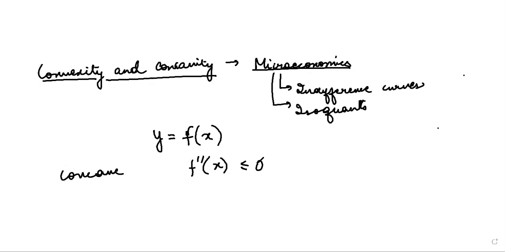A function is said to be convex if when I double differentiate the function, it is greater than or equal to 0.